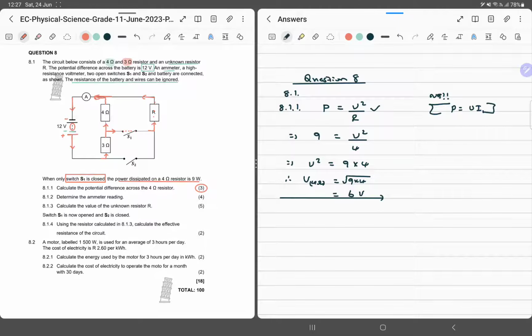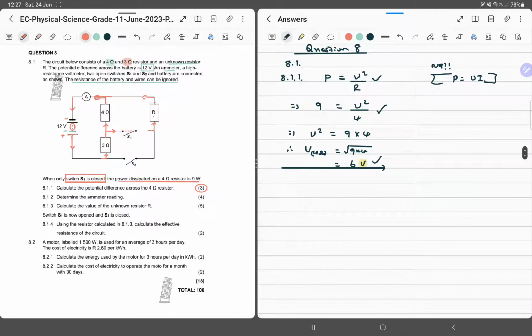So, formula, substitution, the answer must come with the unit of measurement. Please, I would mark someone down for not including the unit because I don't know what they're talking about if they just write a number. Even though I know the question says potential difference, but it's mandatory to add.